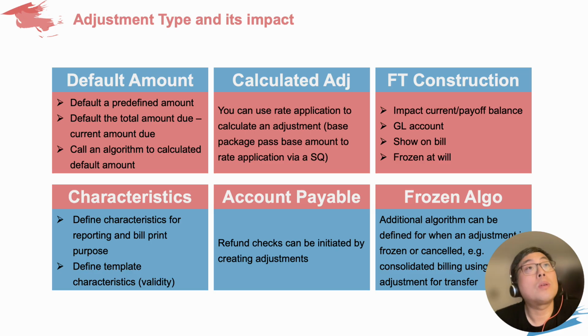You can call an algorithm to calculate the default amount. Calculate adjustment: you can also use a rate to calculate adjustment. So there's a base package algorithm that basically passes the base amount to a rate application via a service quantity.